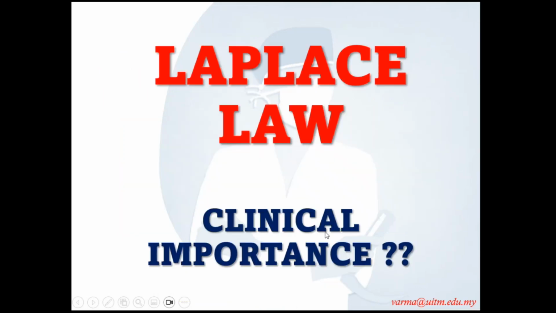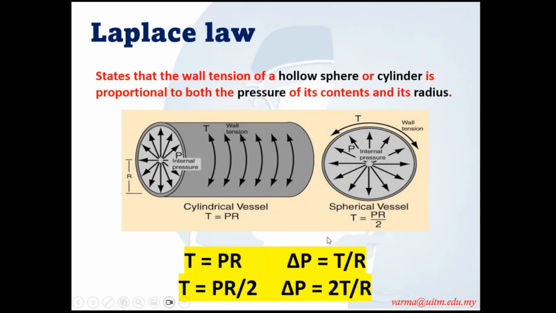So what is the clinical importance? Again, we talk about auto-regulation. With auto-regulation, especially of your cerebral blood flow, you are maintaining a certain blood pressure. Within 50 to 150 millimeter mercury, the cerebral blood flow is maintained because the pressure is maintained. How is the pressure maintained?